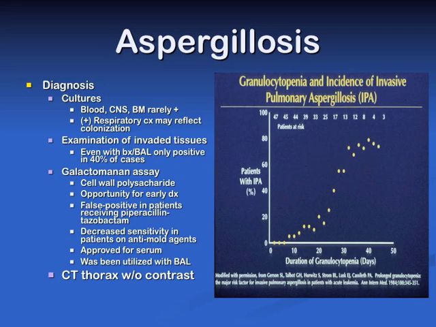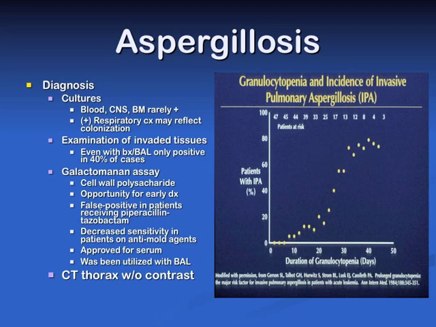So rarely are our cultures positive for Aspergillus, except occasionally our sputum or BAL cultures will grow it, and then we have to consider the clinical picture, whether this represents respiratory colonization or in fact the whole picture is consistent with an invasive pulmonary aspergillosis. Even with biopsy and bronchoscopy, historically we've only gotten a diagnosis of aspergillosis about 40% of the time.